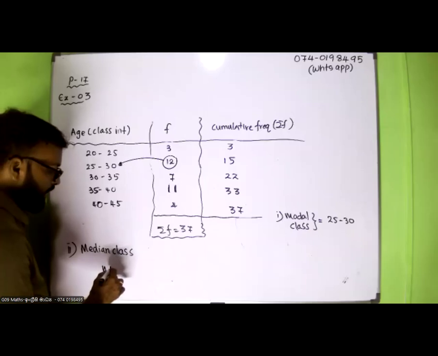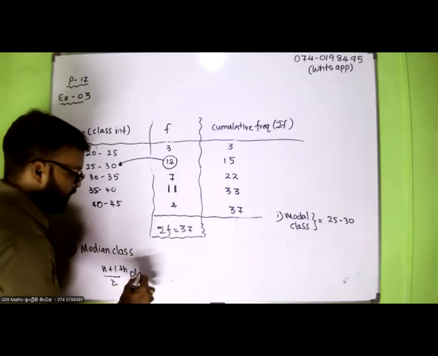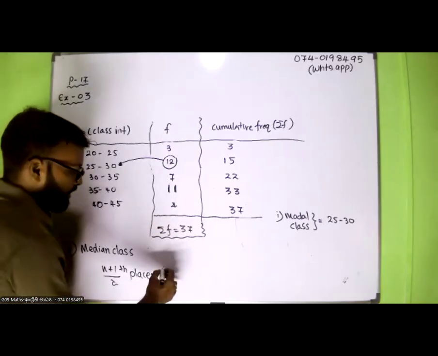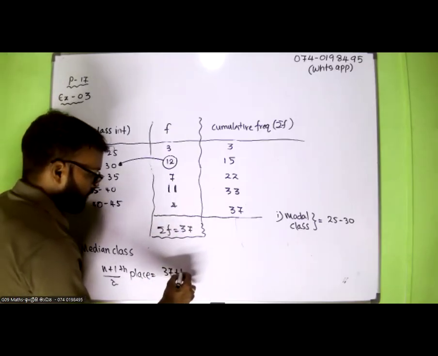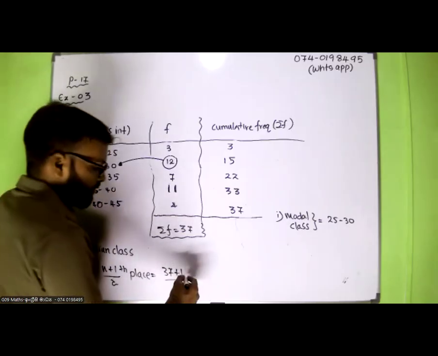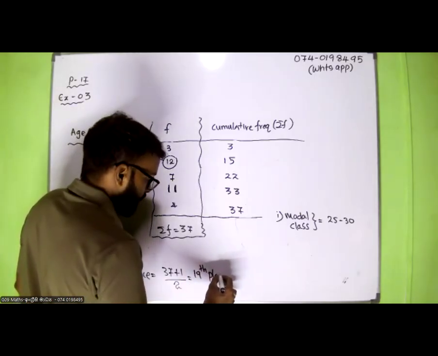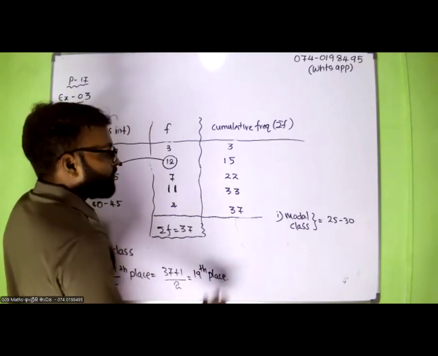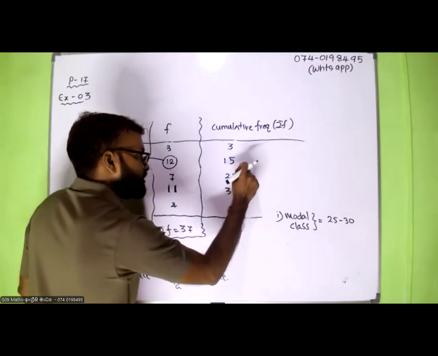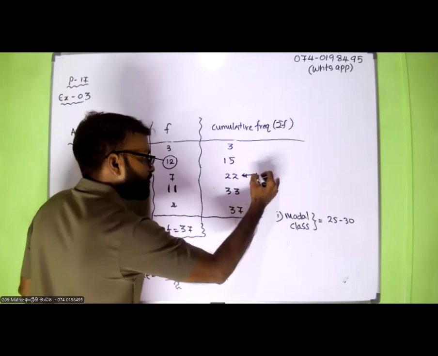So you have to find the n plus 1 divided by 2th place. n equals 37. 37 plus 1 is 38. 38 divided by 2 is the 19th place. Here you can find up to the 15th place, then 16, 17, 18, 19, 20, 21, 22. 19 is included in this.